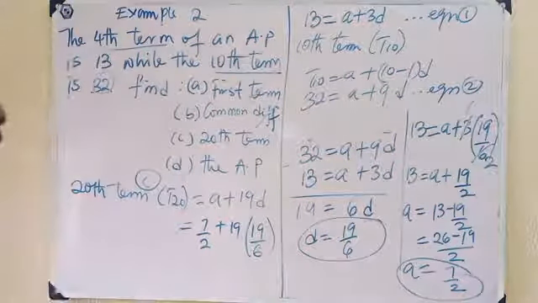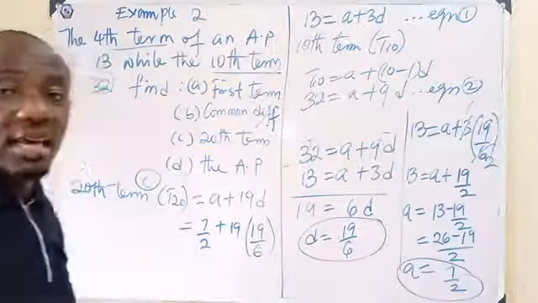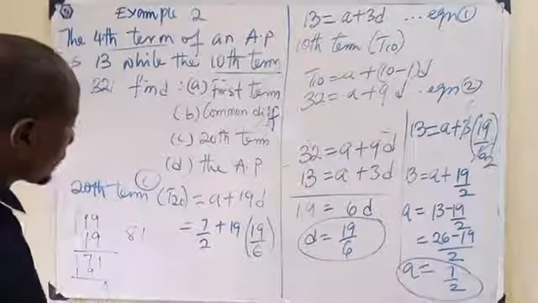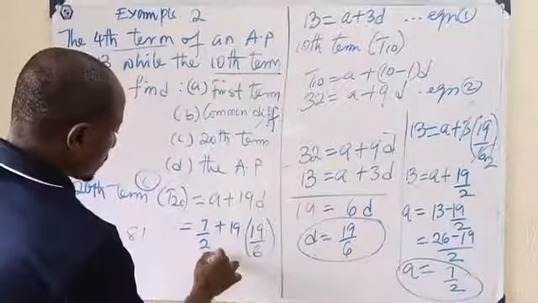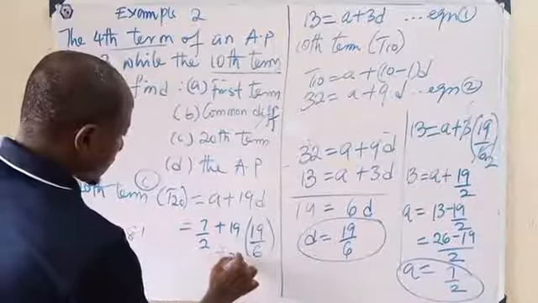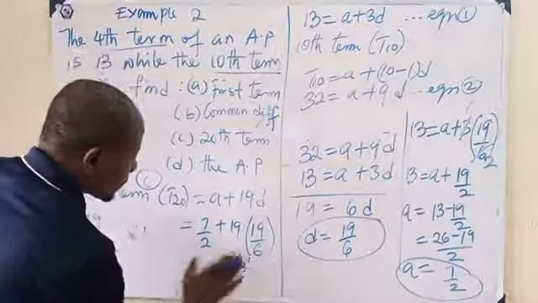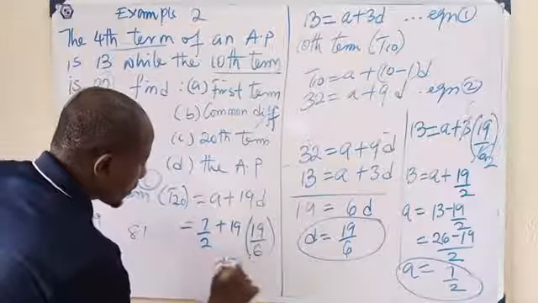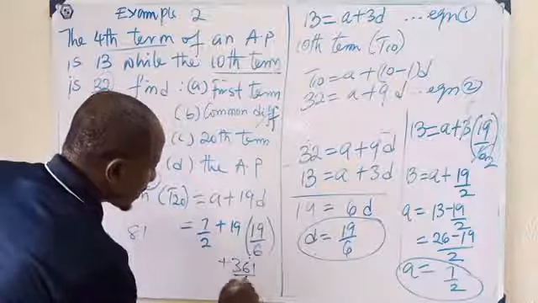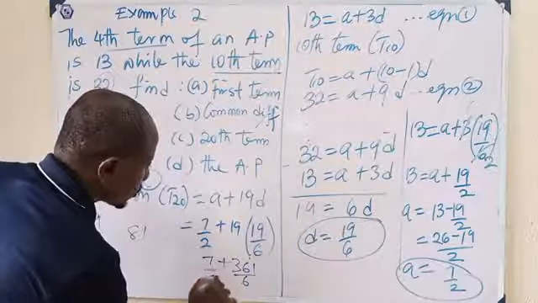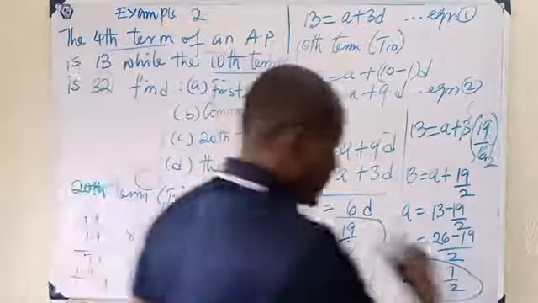So all we just need to do is to simplify the fraction and get the answer. So simplify the fraction now. This one will give us 3, 6, 1 over 6, and this one will give us 7 over 2, right? Okay.